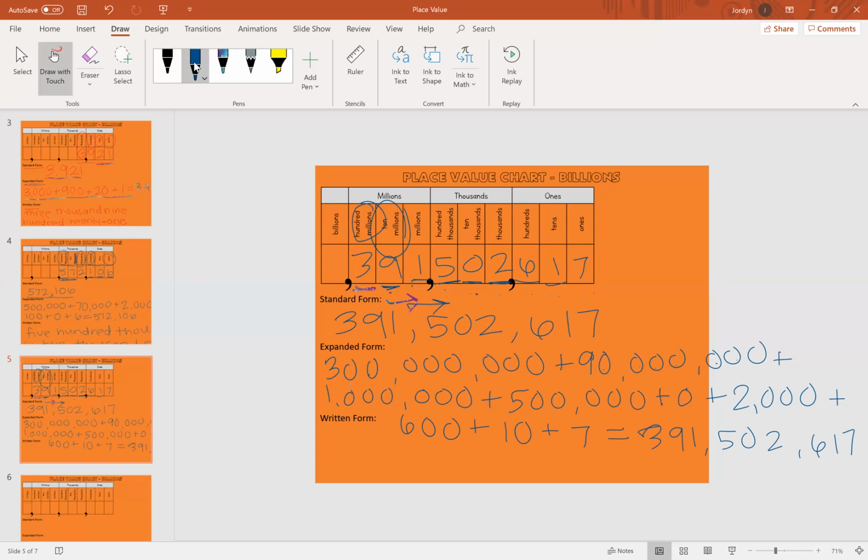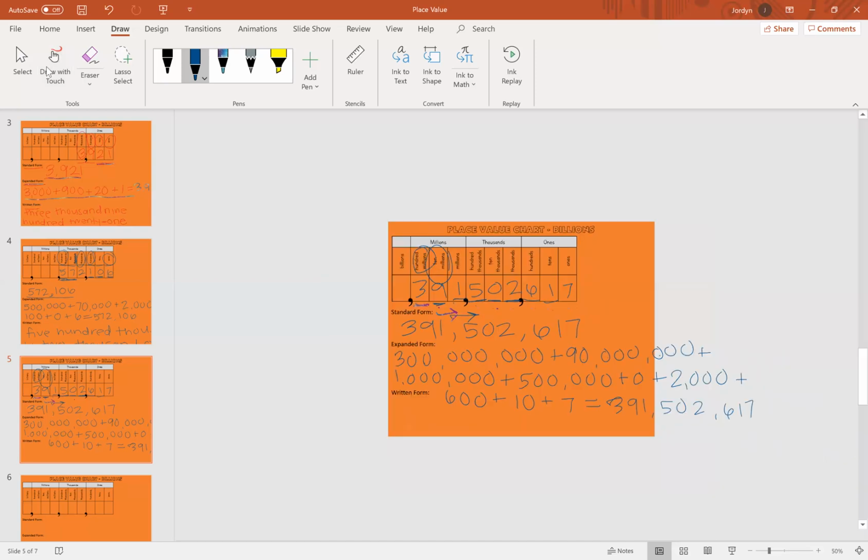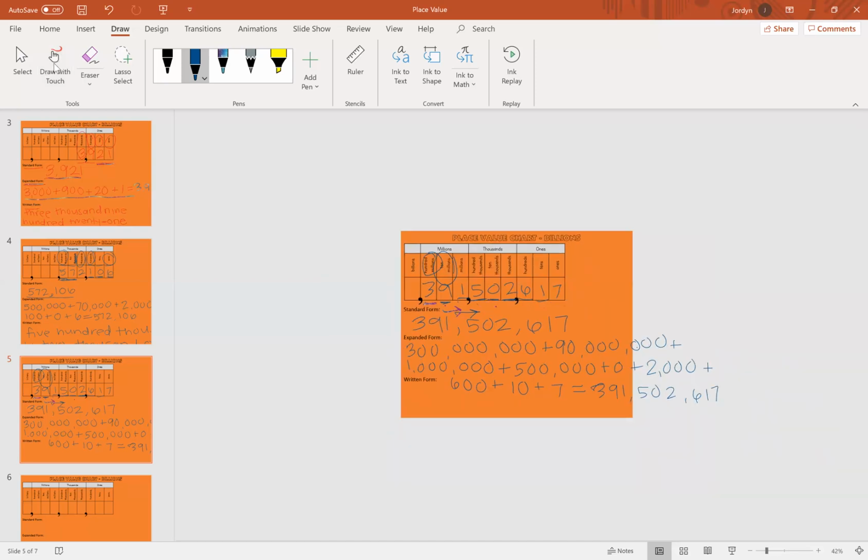All right, let's go ahead and do the written form. So the written form is exactly how I say it. So I said 391 million. So we have to write that exactly as I said it. I'm going to pull out a little bit so I have more room to write. So 391 million. Okay.